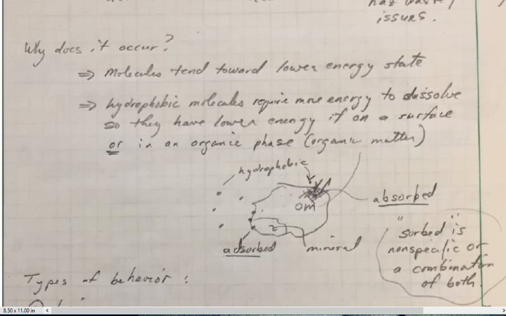So hydrophobic molecules will tend to accumulate out on a surface, or better yet, will try to partition into that organic matter. So here we see a molecule both going into the organic matter and accumulating on the surface. So absorbed and adsorbed together, that's sorbed.